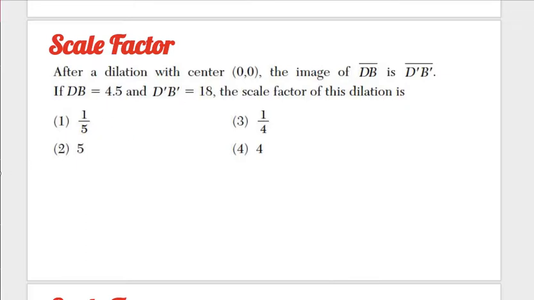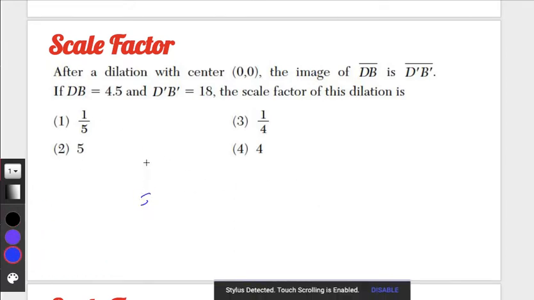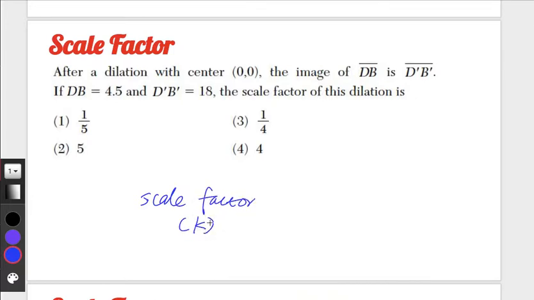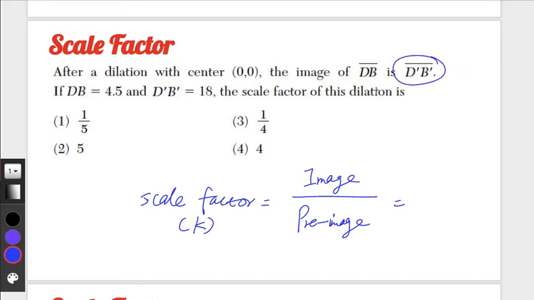As we mentioned before, we oftentimes use K to represent the scale factor, and it is image over pre-image. In this case, the image is D prime B prime, and this is DB. So all we need to do is plug in the length of each one and we can figure out the answer. So this answer will be 4.